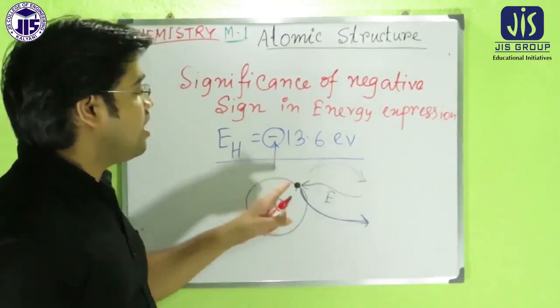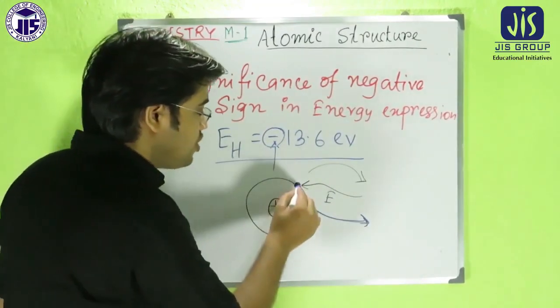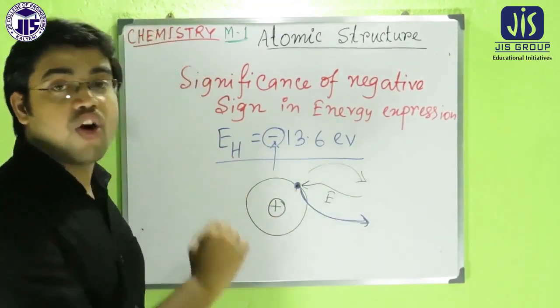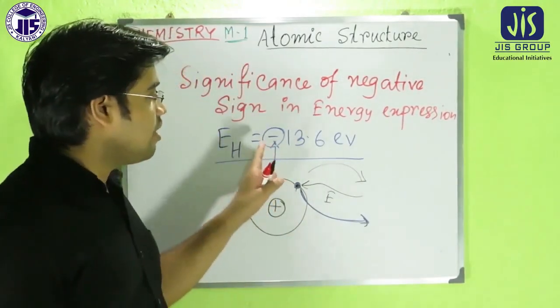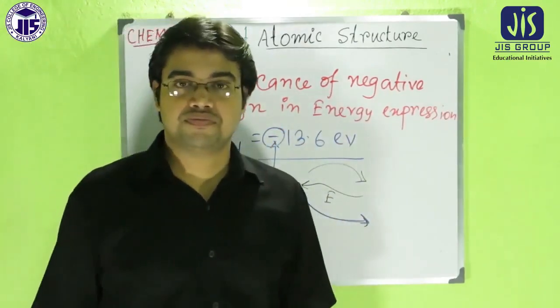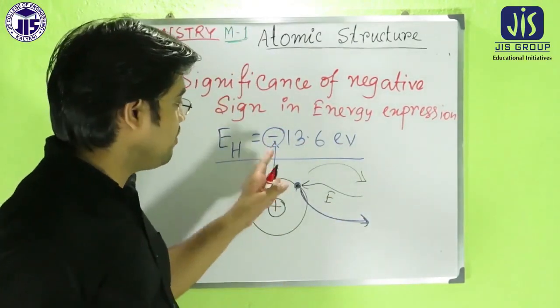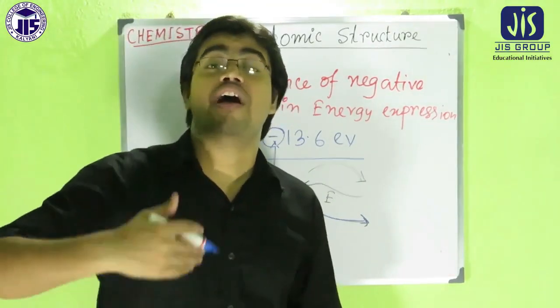That's why there is a negative sign. The negative sign indicates the electron is more stable in a particular orbit than outside of the orbit. That is the inner meaning of the negative sign, the significance of the negative sign in the energy expression of the electron.